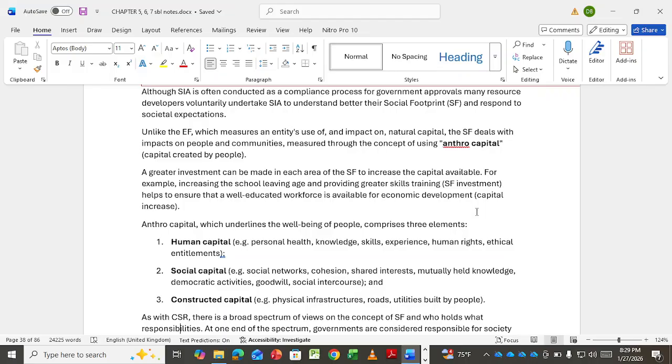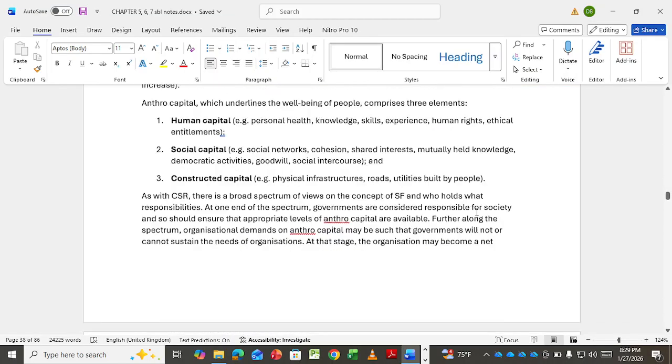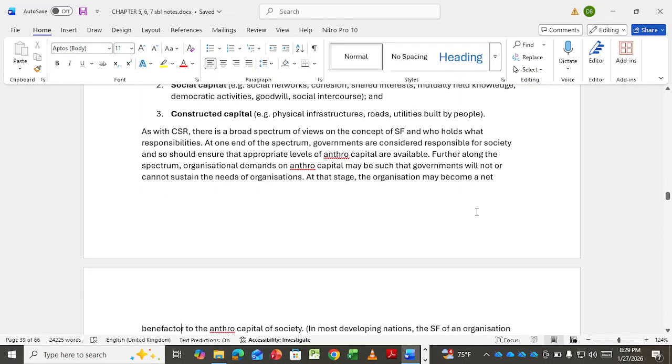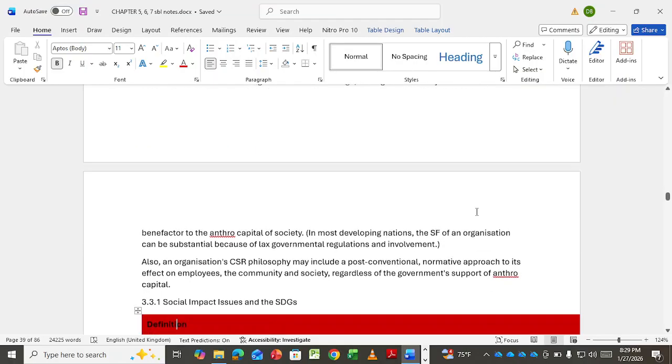The road is not used by only the company vehicles; societies that are around are also using the same road. So if you're talking about a social footprint, that's where you could clearly bring in these three capitals: the social capital, the human capital, and the constructed capital. But the financial capital clearly would not have any effect on the social footprint.